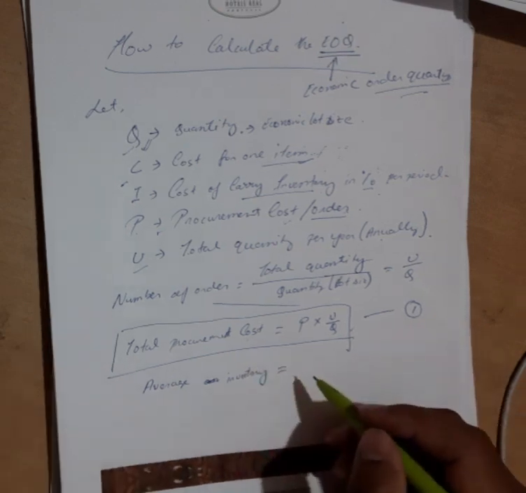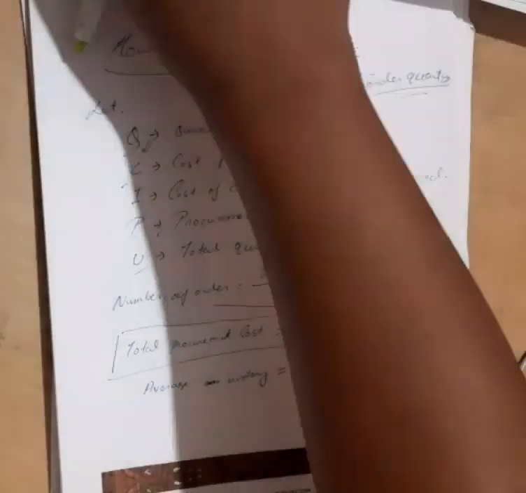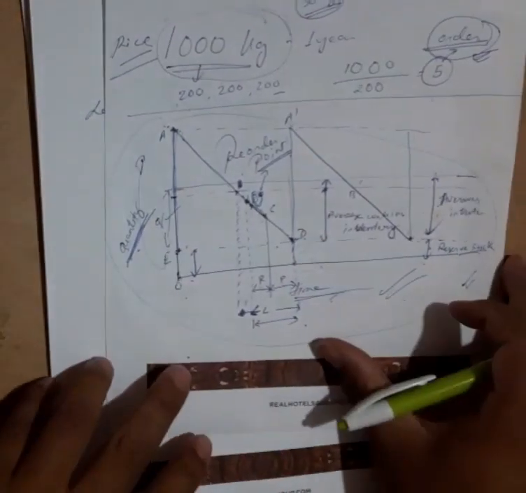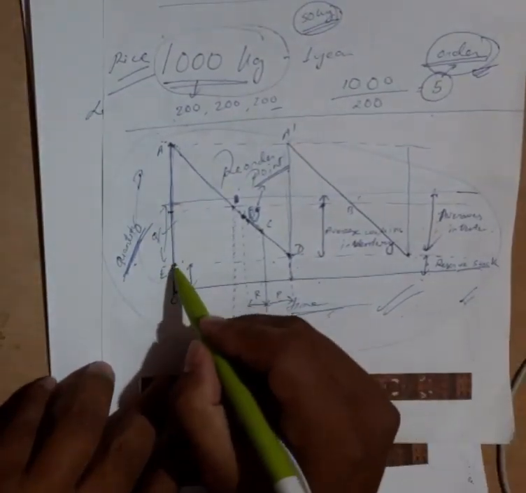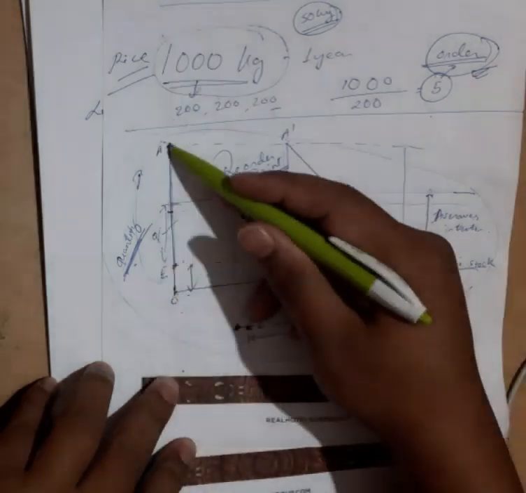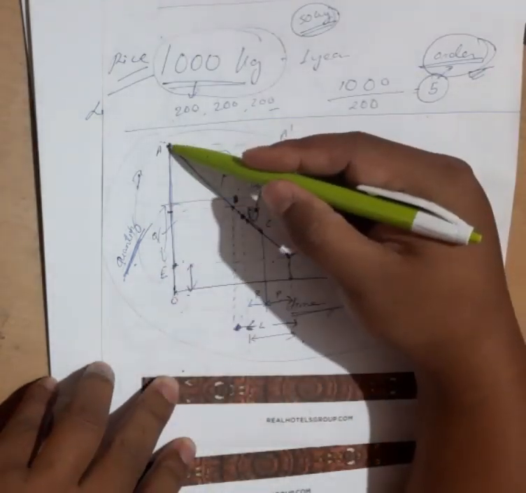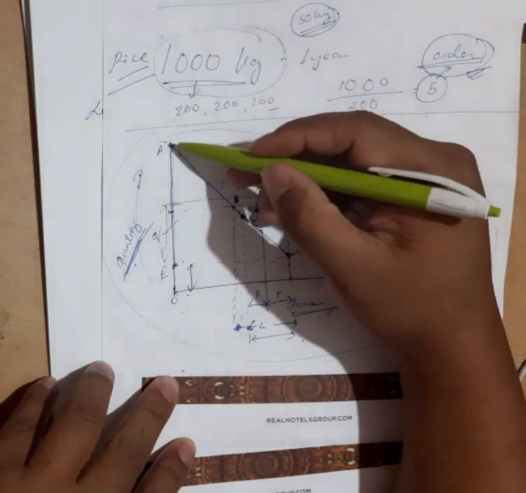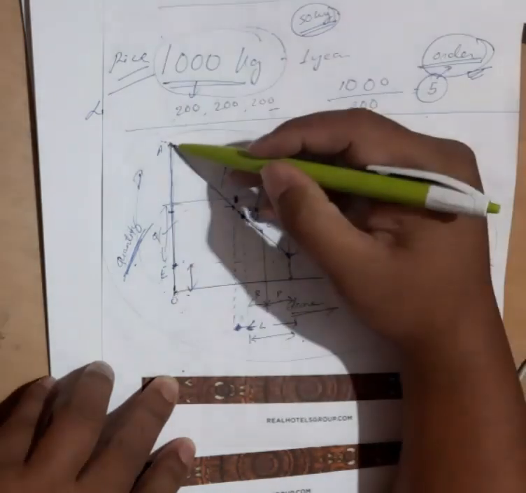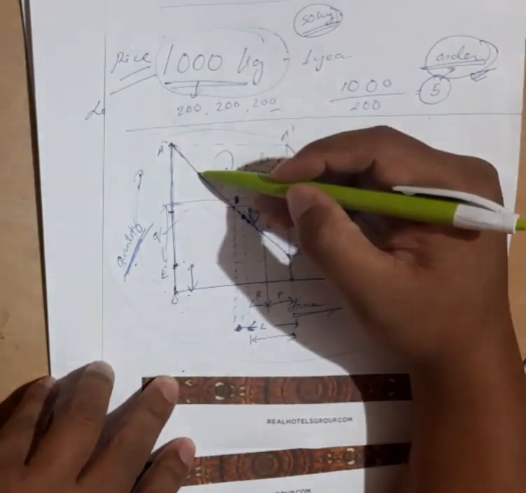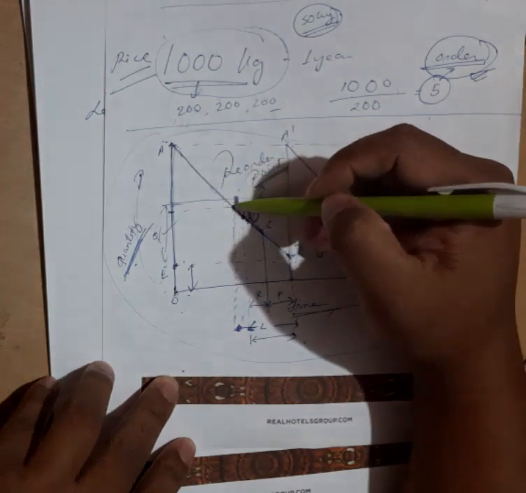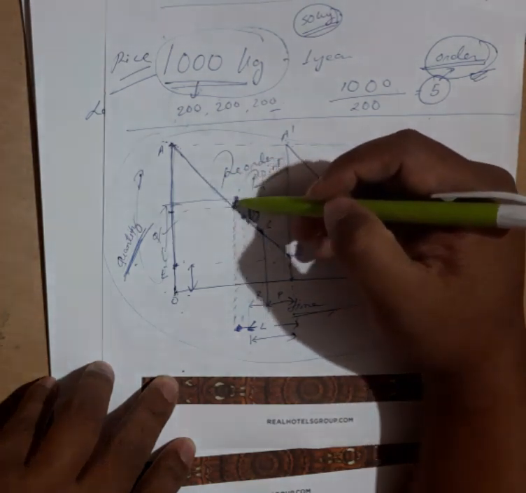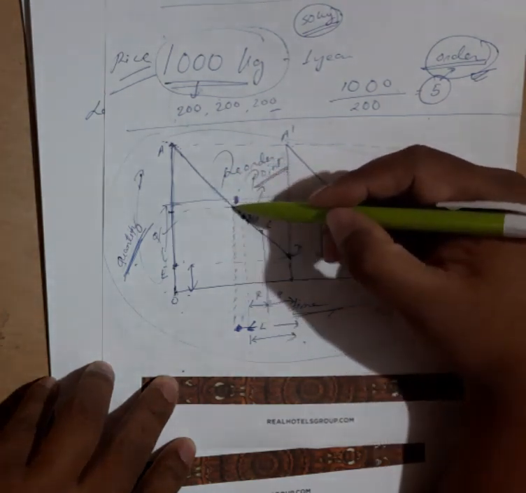What will be average inventory? That means what I am saying, you have bought EOQ amount of inventories, isn't it? You start producing. As you start producing, your inventory will decrease, and at a certain point, the reorder point, you have to order it.